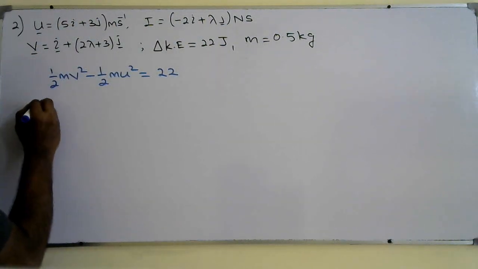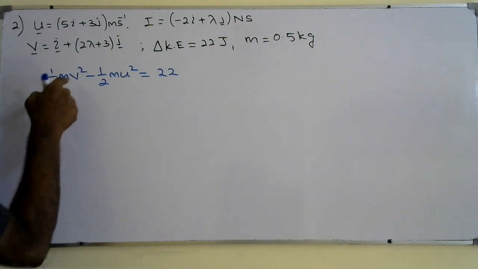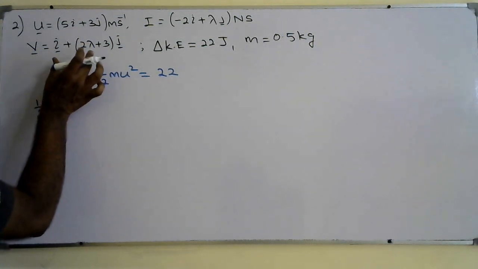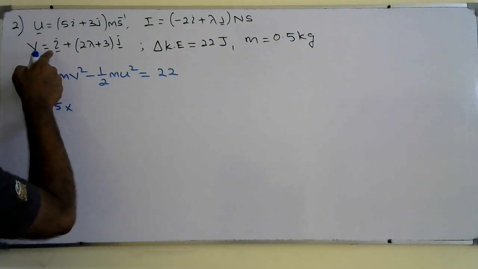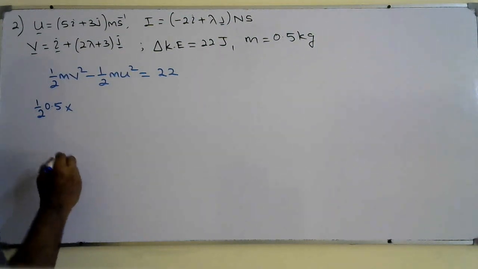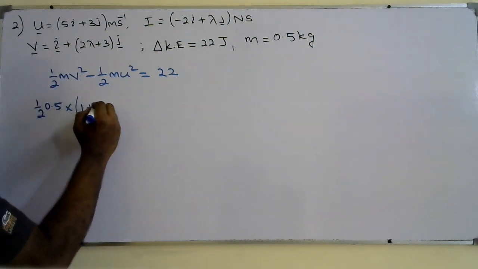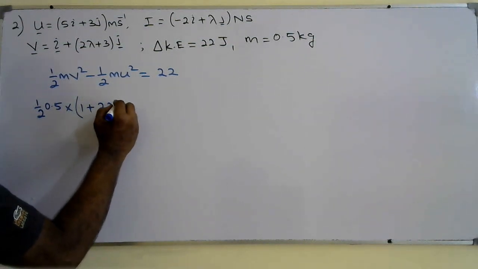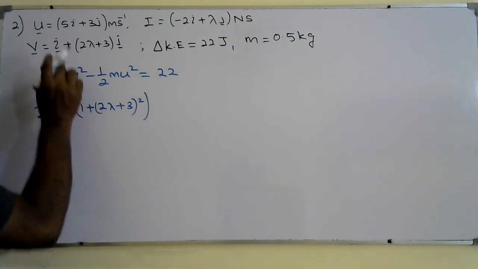So half m is 0.5. V squared means the magnitude squared, so you know how to find it. V is i plus (2 lambda plus 3)j, so the magnitude involves 1 squared plus 2 lambda plus 3 squared.